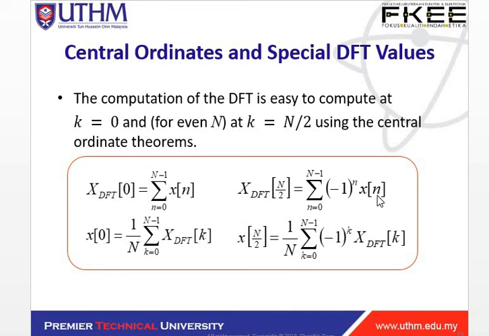This is the formula for X DFT, and the one below is the formula for xn, how to get the xn back. Also bear in mind that for n over 2, n should be even only, not odd.